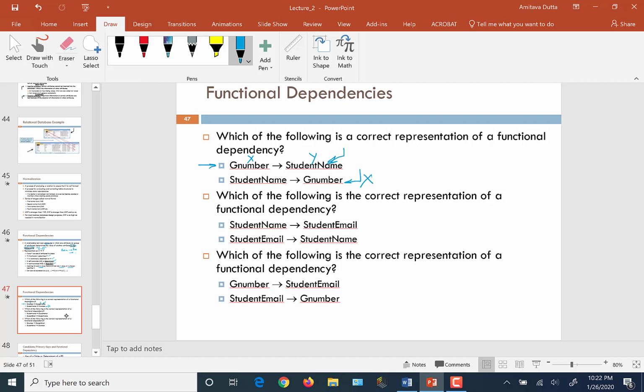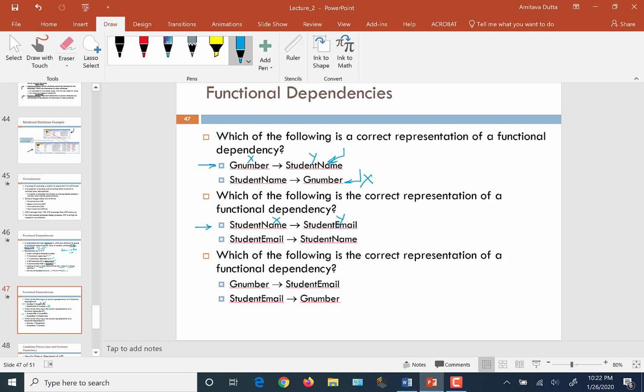Okay, so let's look at two more. If I know the student name, does that functionally determine student email? So this is X and this is Y. Knowing the student's name does not functionally determine the student email, because a student could have multiple emails.